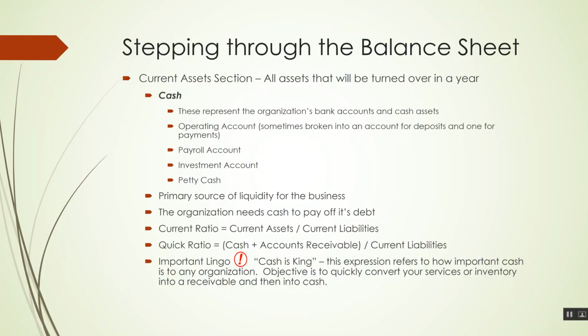So again, your current assets representing your cash, your accounts receivables, your inventory, all these things that are either in the form of cash or will be shortly turned over into cash. Then the denominator there, the current liabilities, represents your accounts payable, your current debt on bank loans and so forth.